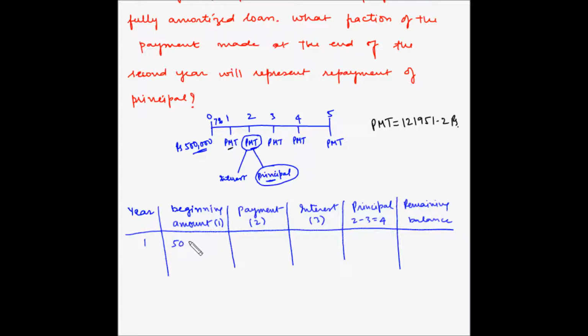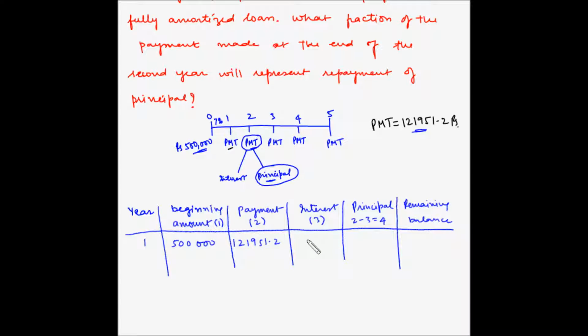The payment that your company is making is 121951.2. Interest we have to calculate. Interest will be calculated on the beginning amount for that year, and the rate of interest will be 7%.